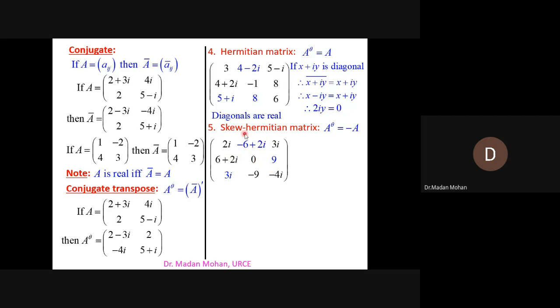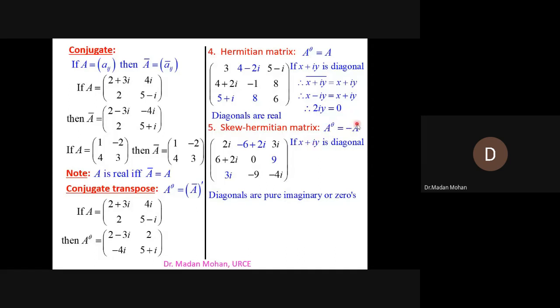Now, in a skew Hermitian matrix, the diagonals are pure imaginary or 0. Please observe. Why? Suppose x plus iy is a diagonal element of a skew Hermitian matrix. Because of the diagonal, transpose won't affect it.